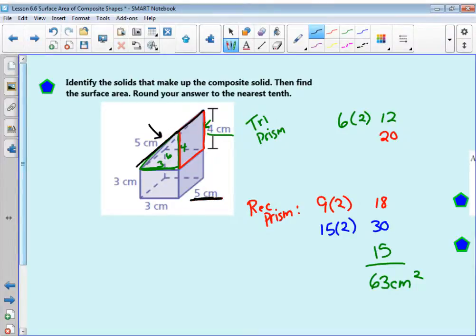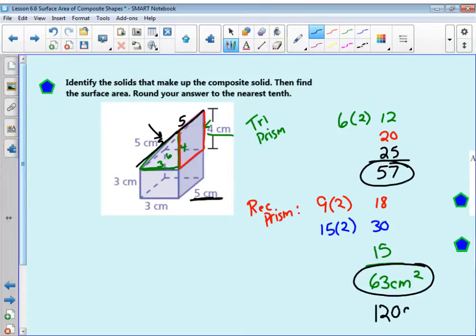And going down the slant, it's 5. So 5 by 5 is going to give me 25, and that's really a rectangle there. Okay, so when I add those together, 45, 57. Now we're going to go ahead and add these 2 pieces together. So 63 plus 57 gives me a total of 120 centimeters squared.